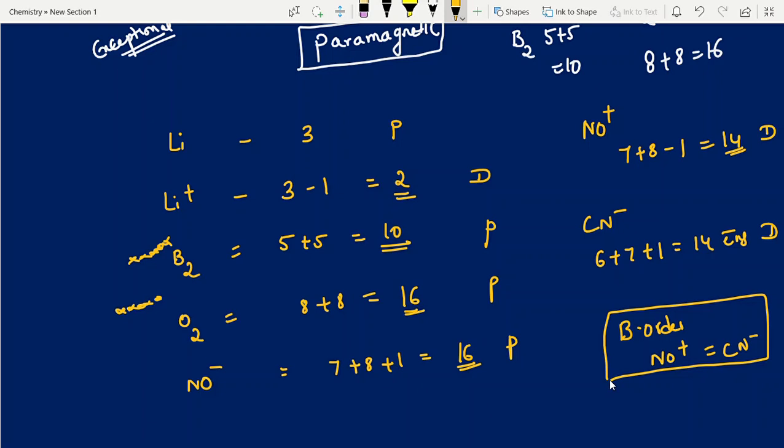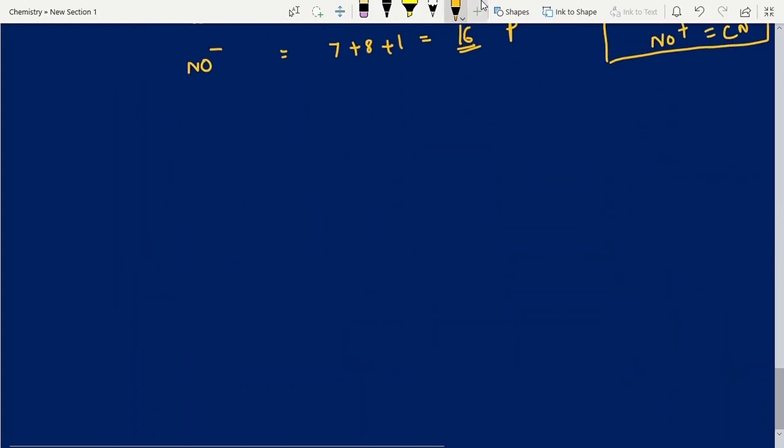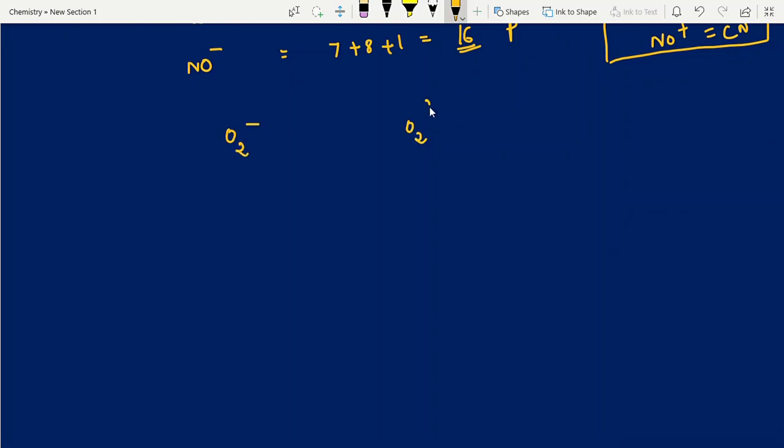Now, another species: O2 minus, O2 2 minus, O2 plus. Can you try this one, students? O2 minus: 8 plus 8 plus 1, 17 electrons, paramagnetic, right?